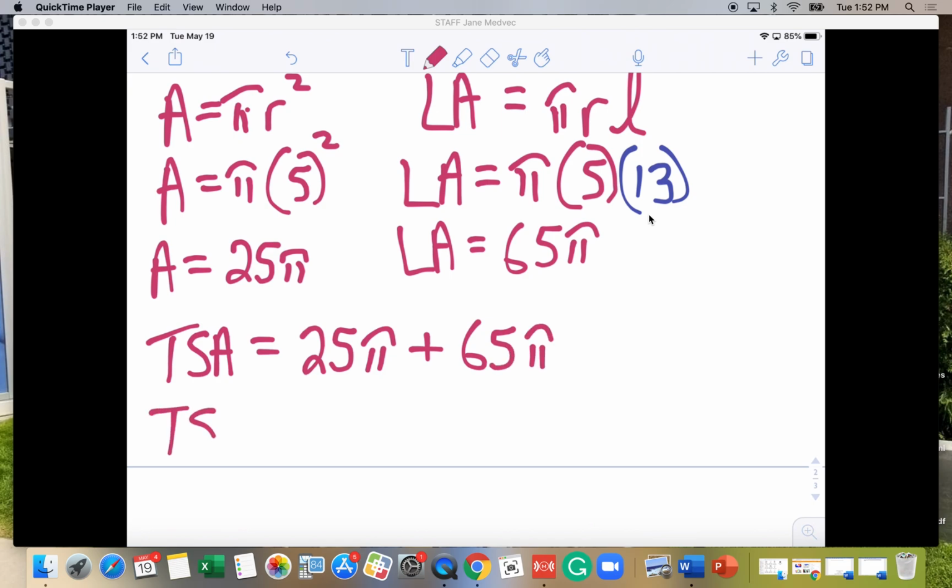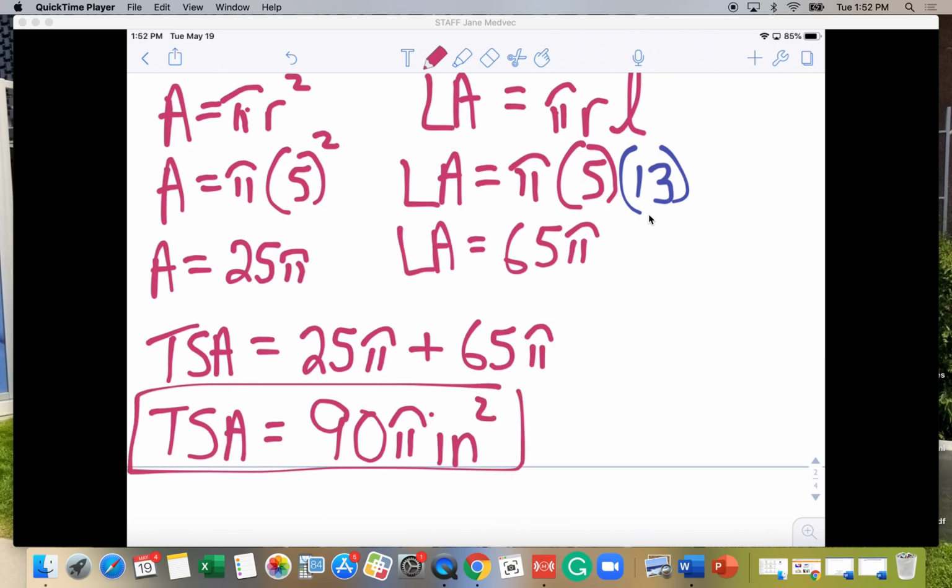So the total surface area of this figure in terms of pi is 90 pi, and it would be inches squared. And if they wanted you to round to the nearest tenth, you'd put it in your calculator as pi or 3.14 depending upon the directions, and then round.